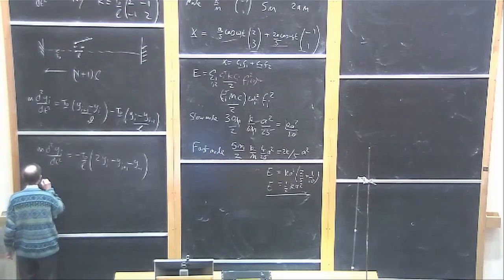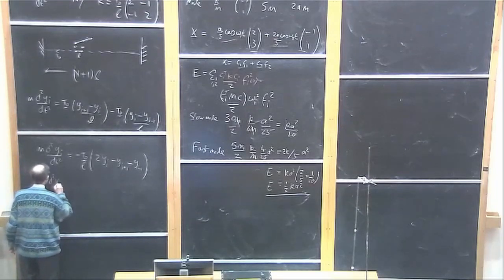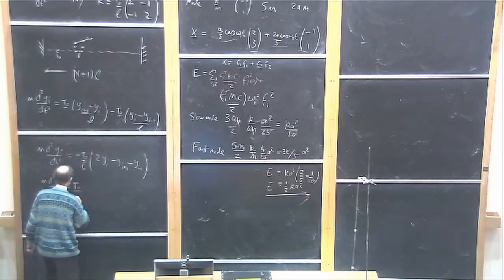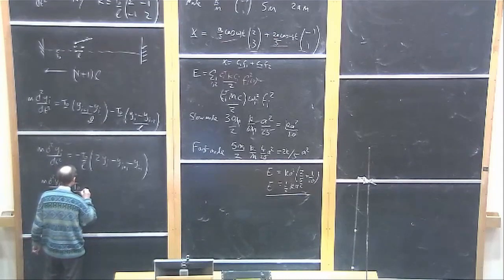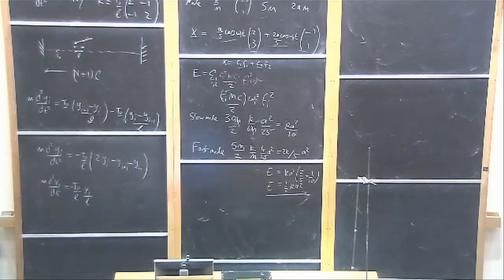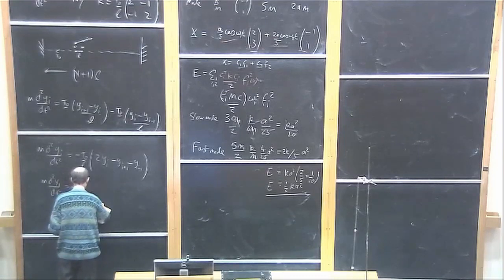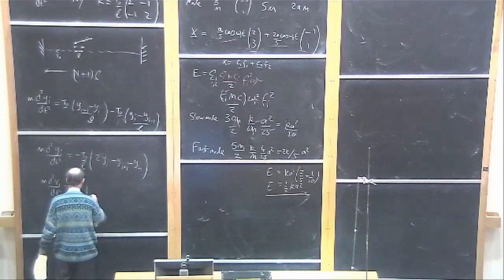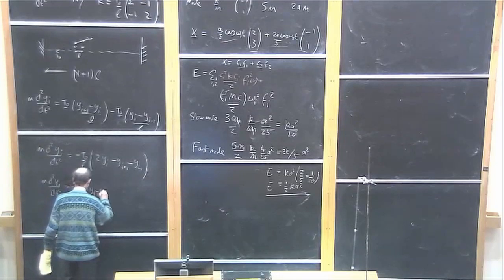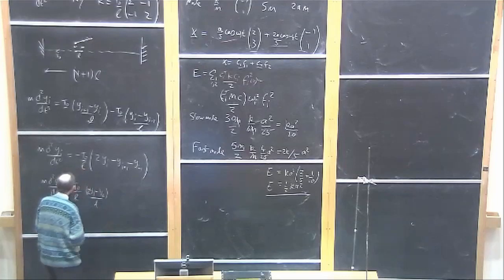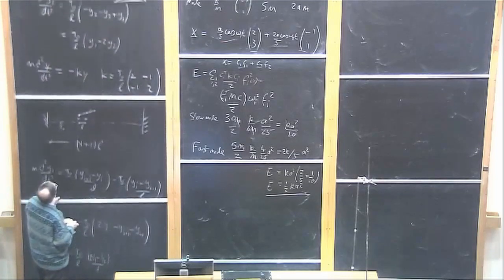And the only difference comes at the ends, where m d2y1 by dt squared is minus T naught over L times 2y1 minus y2, so that's the case that we've already looked at.